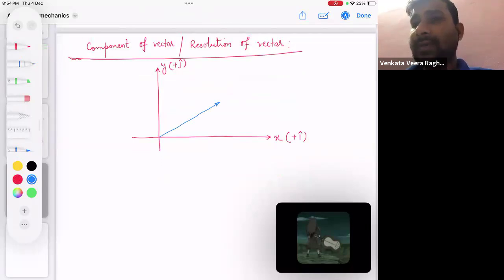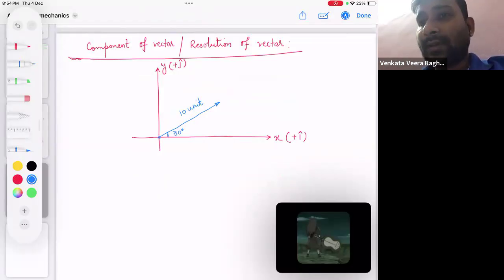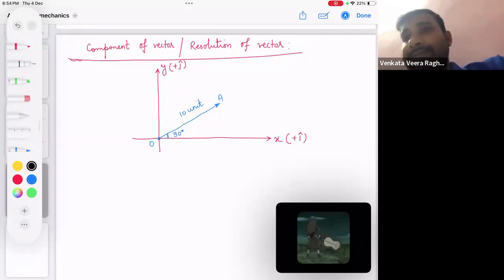They gave in the question that the magnitude of this vector is 10 units, and this vector is making an angle of 30 degrees with the x-axis. Let's call this vector OA vector. Now they are asking in the question, what is the component of the OA vector? So can you answer it? What will be the components?